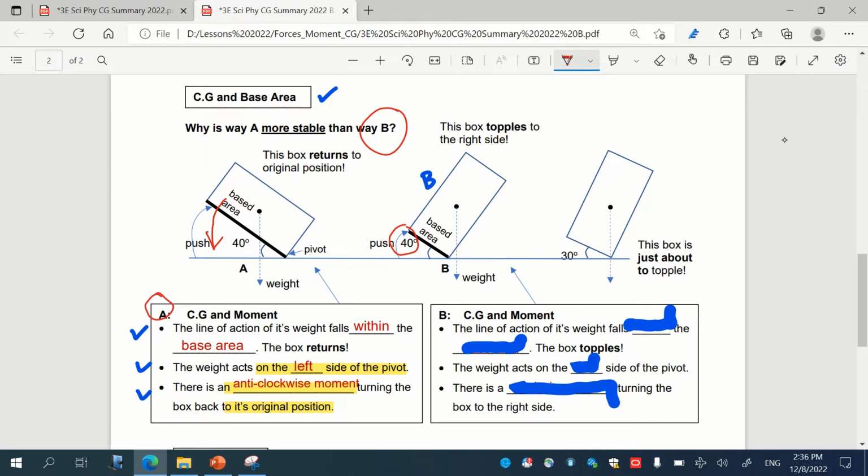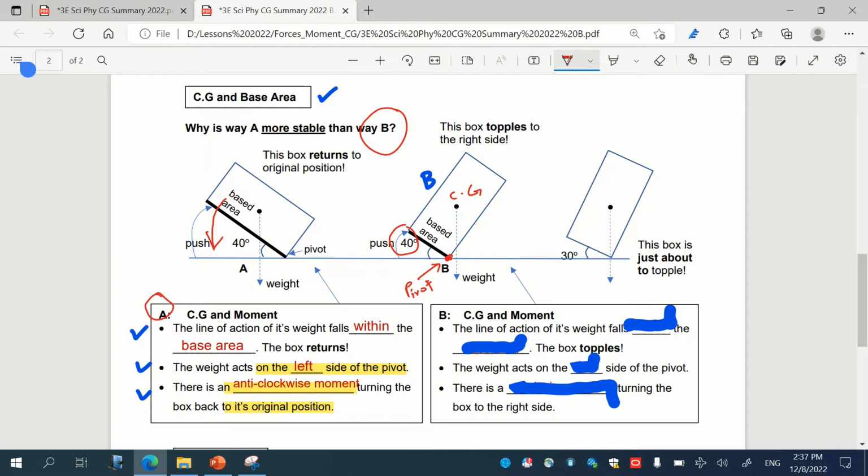However, because the CG is higher than position A, with a 40 degree tilting, the line of action of the weight now falls on the right side of the pivot point. Do you notice that? Falls on the right side of the pivot point.